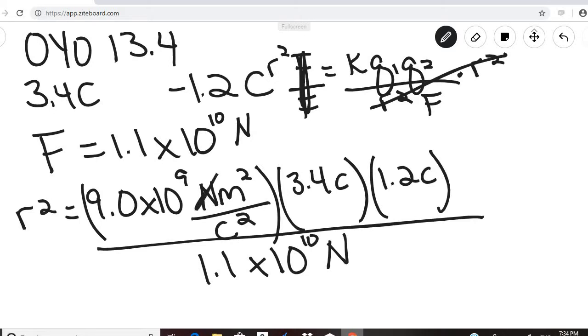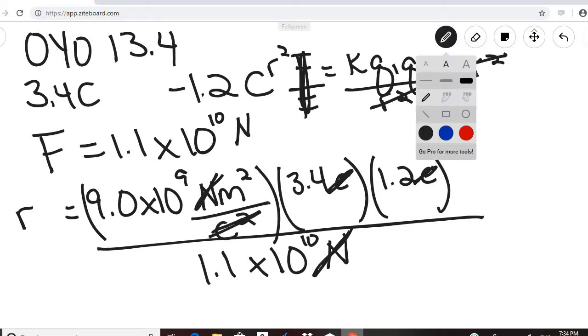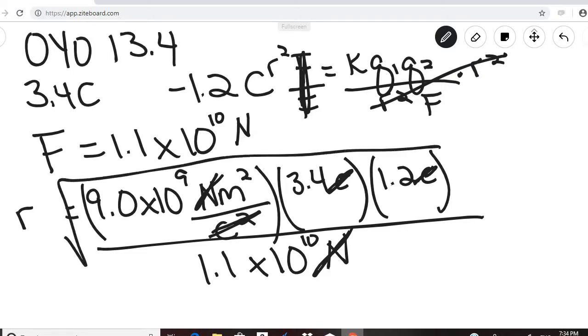You'll see the newtons will cancel, the coulombs will cancel, so you're left with meters squared, and when you take the square root of that, to get R, you're going to get meters. So if you do all that, you should get that R is equal to 1.8 meters.